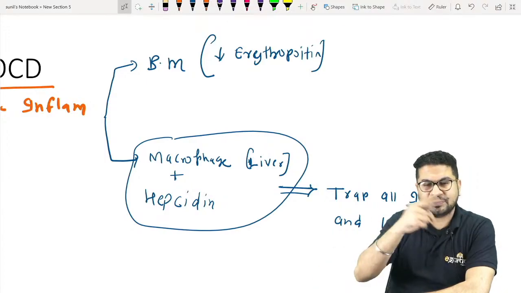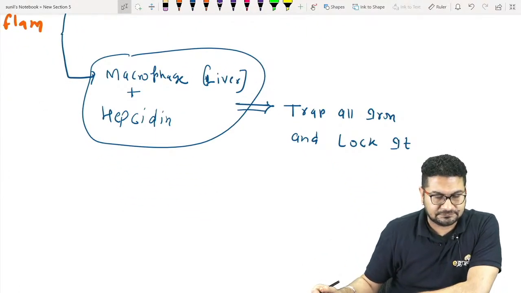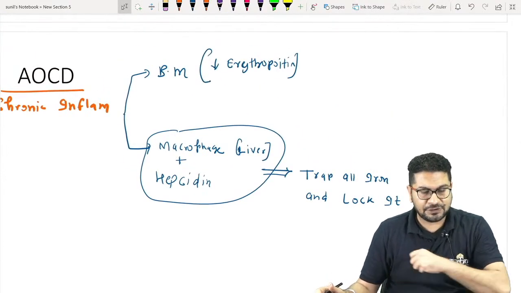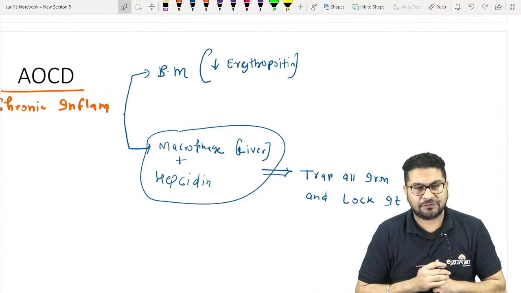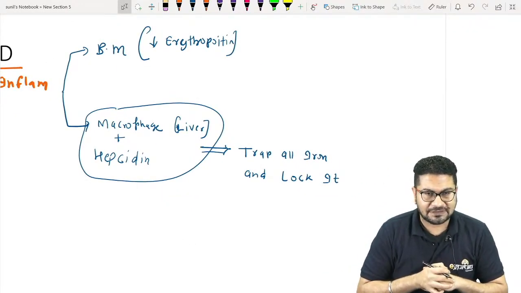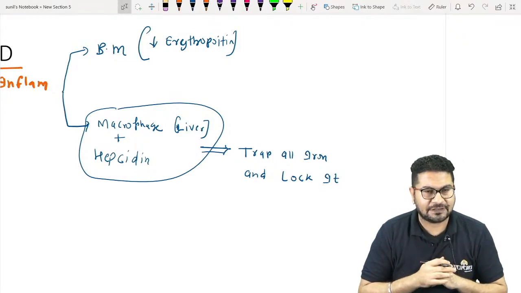Lock it means they will put a lock on this. So initially the patient has macrophages trapping all the iron, so there is decreased iron.